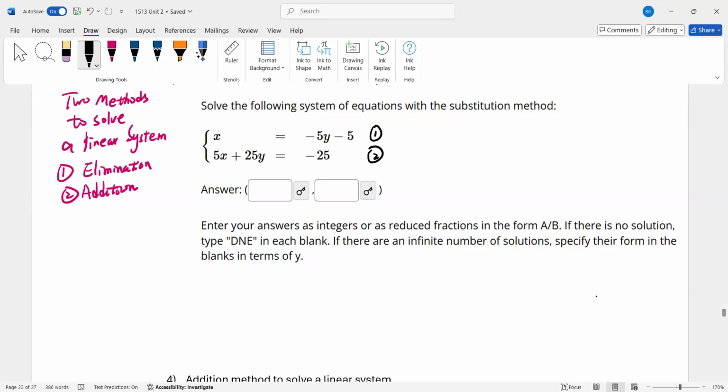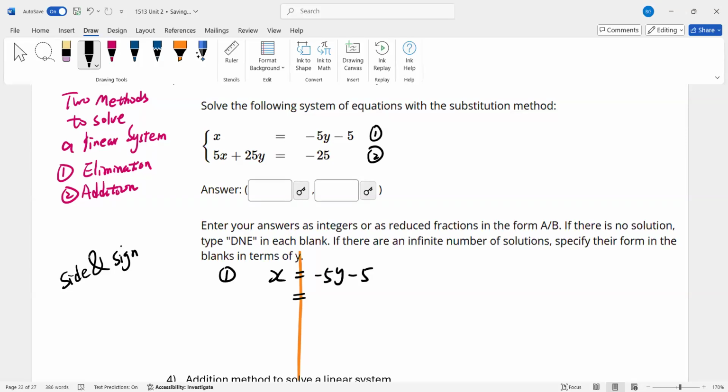So this is what we are going to do. I'm going to simplify the first equation, rewriting it in slope-intercept form. X equals -5y minus 5. I like to separate the equation in the middle and use my side and sign technique to reorganize it. We have 3 terms in the equation: x, -5y, -5.